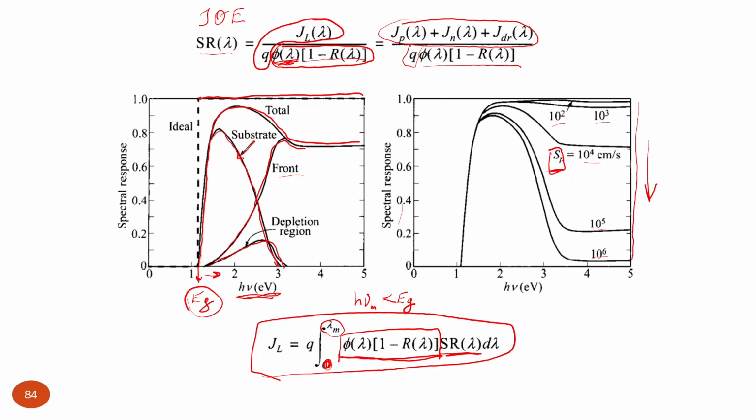So this is defined by solar light. We cannot change this, that's the spectrum of our solar light. This part we can change.